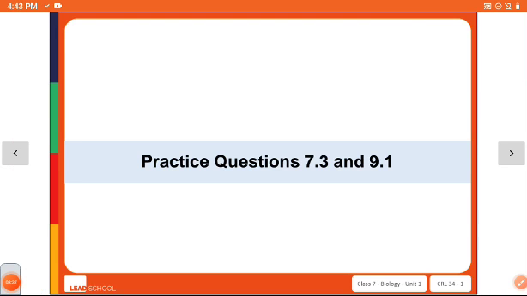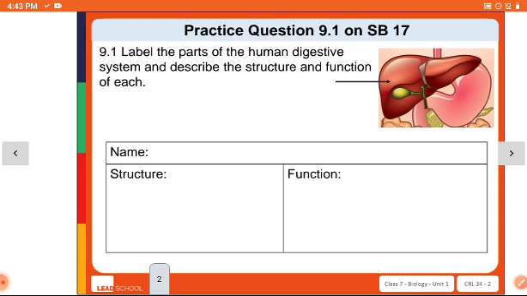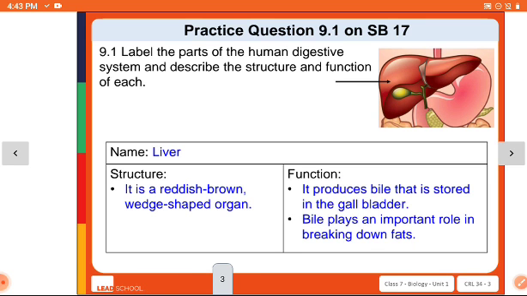So students, after that we are going to practice some questions, 7.3 and 9.1 on SB 17. According to question number 9.1, you have to fill in the structure and function according to this topic.